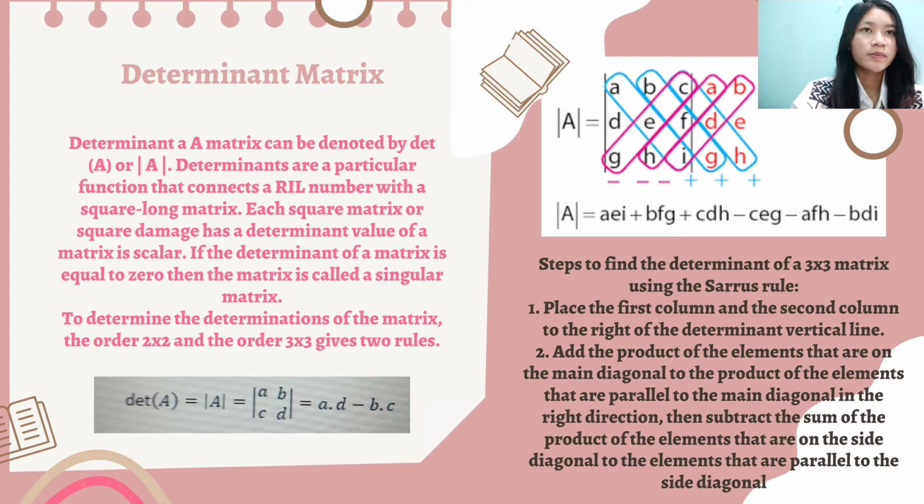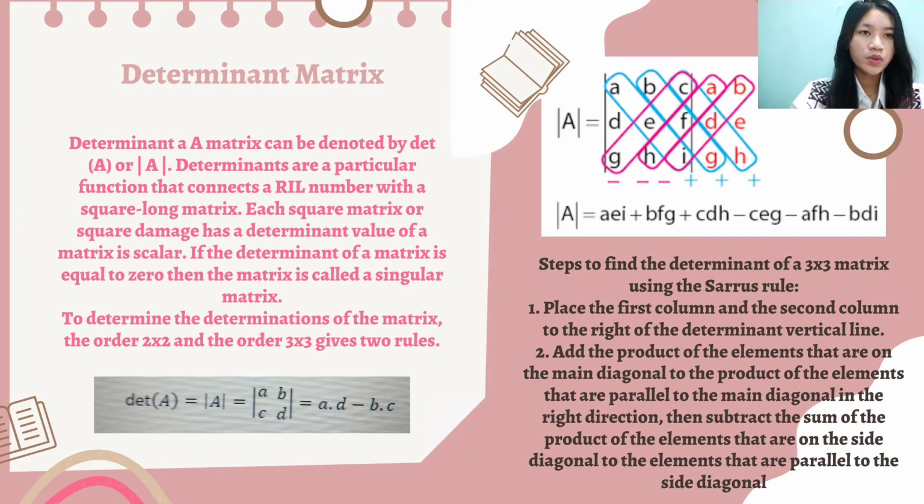If the determinant of the matrix is equal to 0, then the matrix is called a singular matrix. To determine the determinants of the matrix, the order 2 times 2 and the order 3 times 3 give us 2 rules.